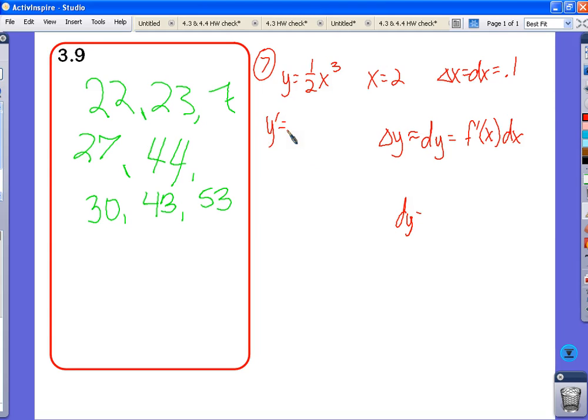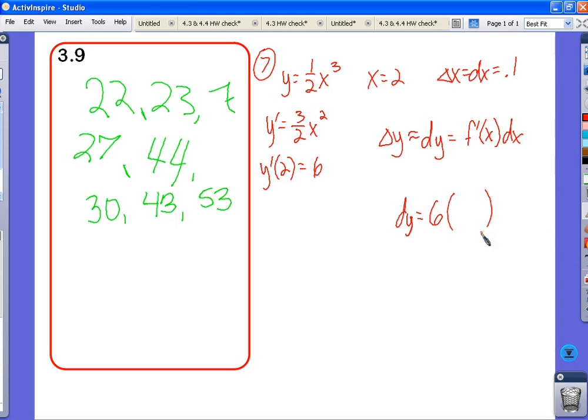What is it? 1.5 x squared, 3 halves x squared. So what's y prime when you put 2 in it? 6.